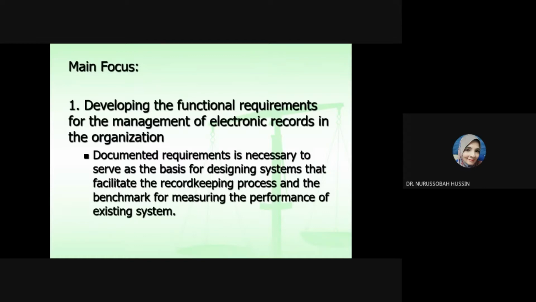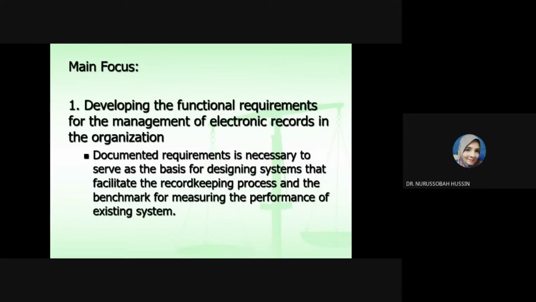So in designing the electronic records management system, the records manager has a key role to play. The records manager should guide the technical designer in developing the ERMS, because the principles of ERMS are different from other information application systems.